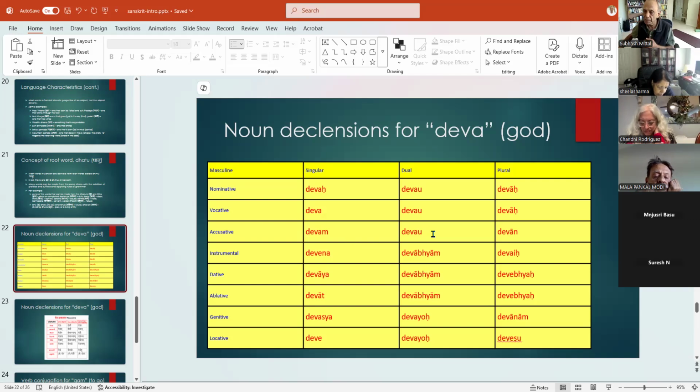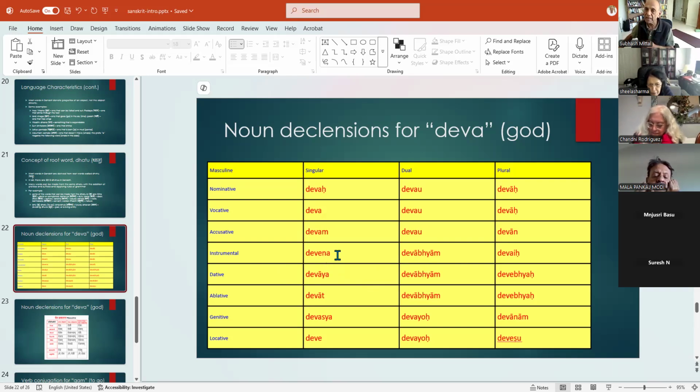Same thing if I'm giving the book to two people, aham devau pustakam dadami. Now this is instrumental. Who is the doer of the work? Done by something. So devena, devabhyam, devaihi.